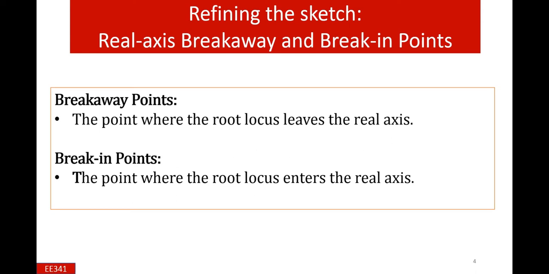That is a breakaway point, where the paths of the two closed loop poles combine and move away. Similarly, when there are two zeros and there is a root locus line between these two zeros on the real axis, there is some point in between those zeros. This is the break-in point.